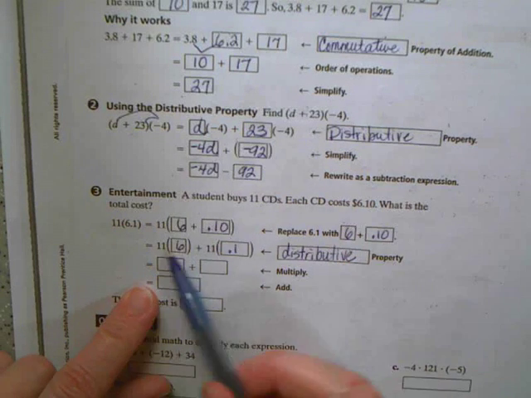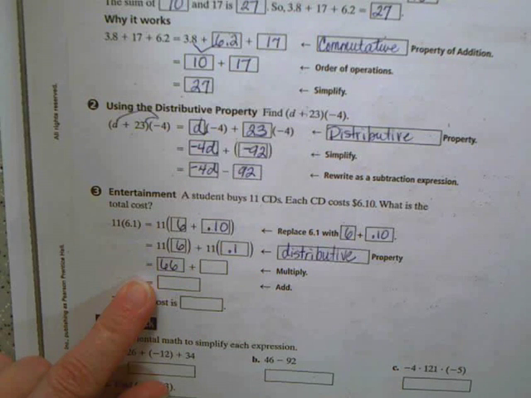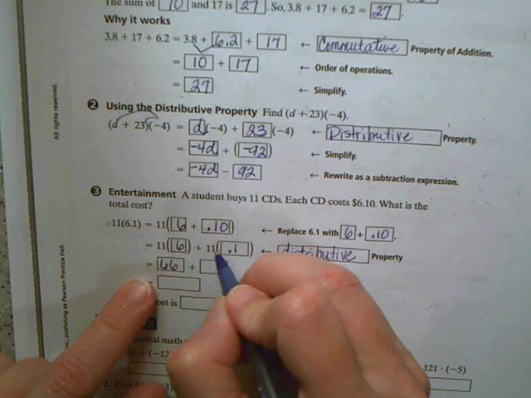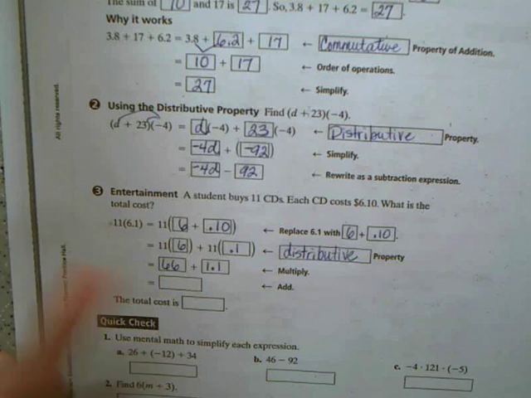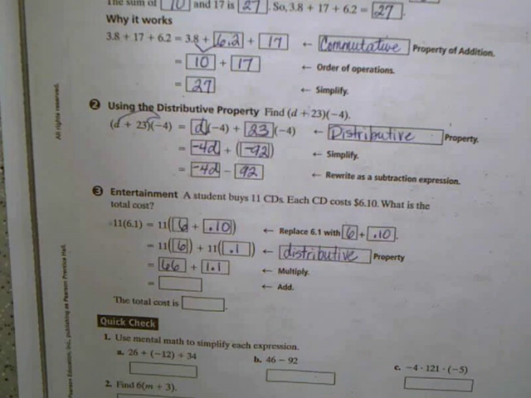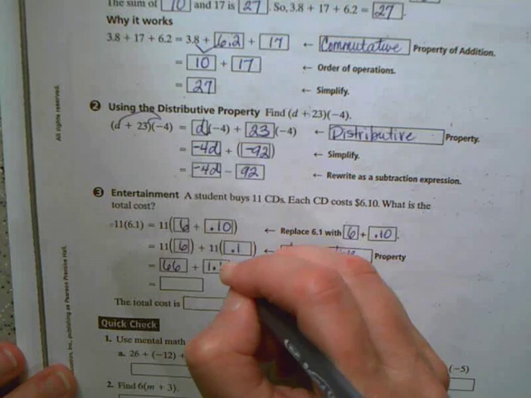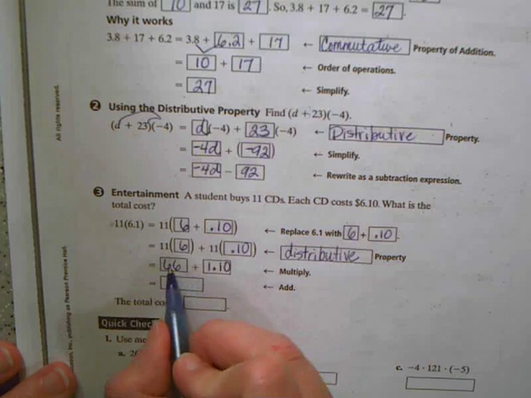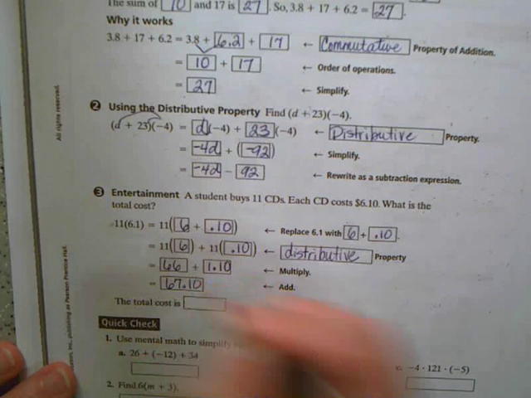When I multiply, 11 times 6 is 66. And 11 times 1/10, hopefully we know that multiplying by a tenth ends up moving my decimal point one place to the left. So that gives me 1.1, or $1.10 if I want to think about it in money. So I'll put that 0 in there just to keep consistent with the money. So 66 plus $1.10 is 67.10.